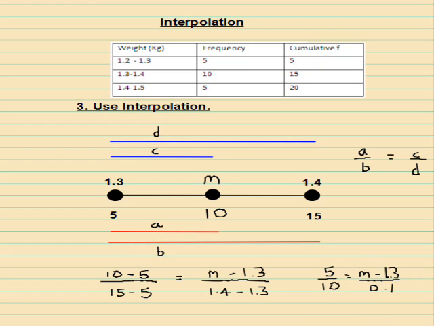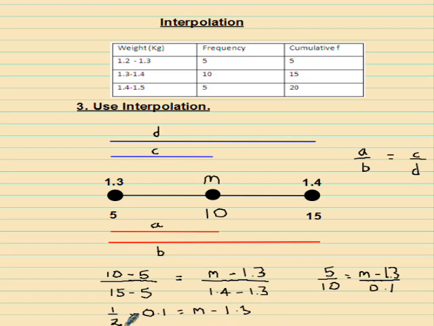And then you shouldn't have any problem solving an equation like this, but we're going to multiply both sides by 0.1, so we would end up with, if I simplify the 5 over 10 as a half, multiplied by 0.1, that would equal M minus 1.3.